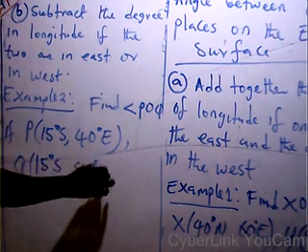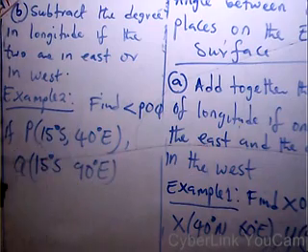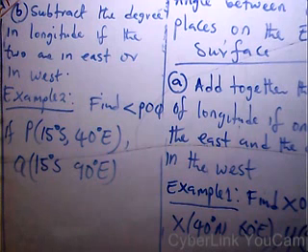If you look at the two of them, the longitudes are in the same direction. So in that sense, we are going to subtract to get the angle between them.